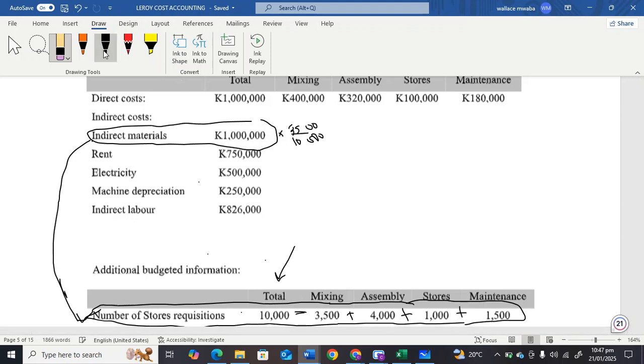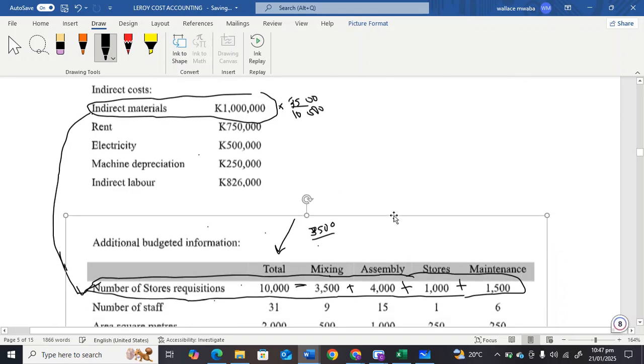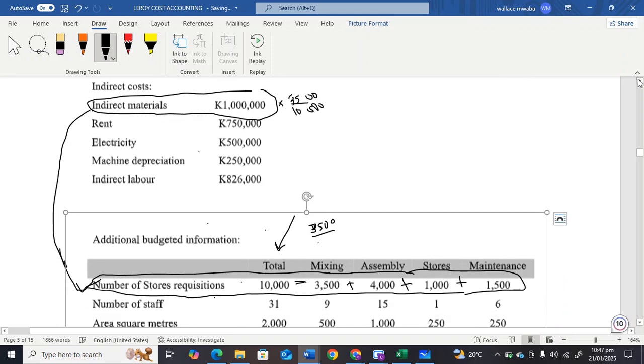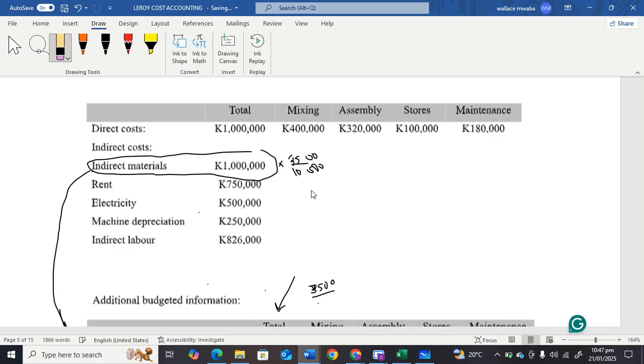So you say 3,500 over 10,000 times 1 million. What do we get? 350,000. So on the mixing department, you put 350,000.